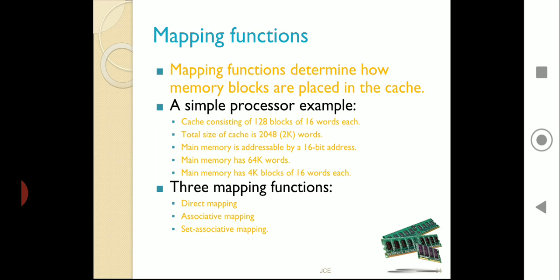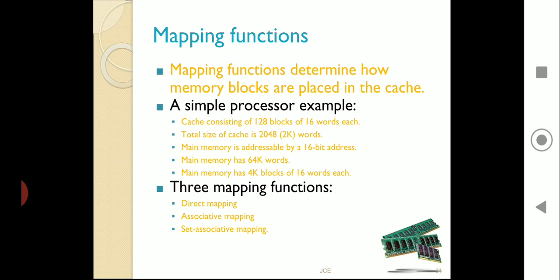If you consider a simple processor example, the cache consists of 128 blocks, and each block would have 16 words. Then if you come back to the main memory, it has 16-bit address lines.